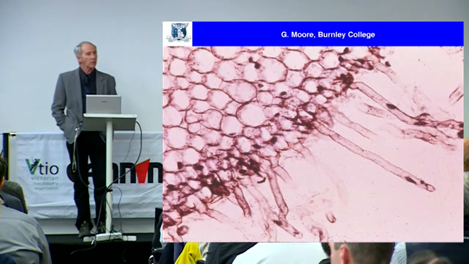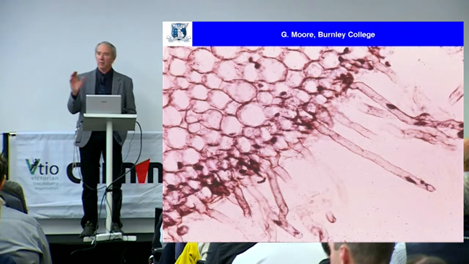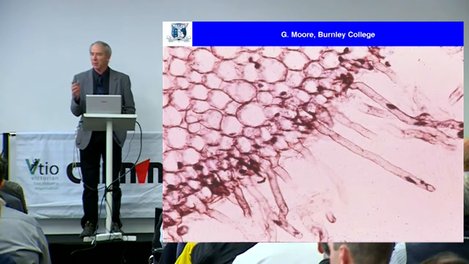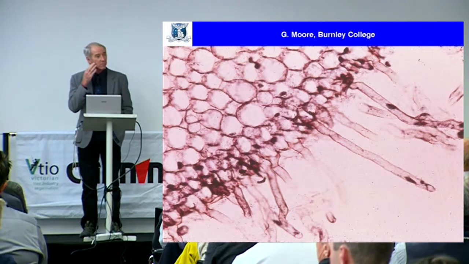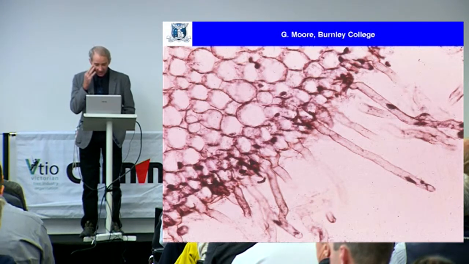What we perhaps have forgotten is that we've learned a great deal about tree root systems in the last 20 years. And when I say we, I'd like to think I mean most of the people in the room.